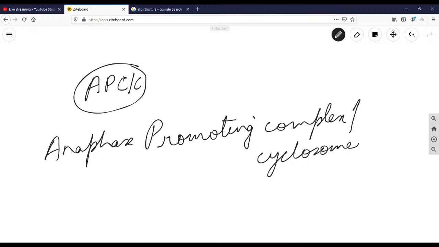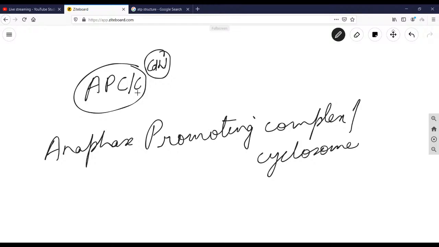Now, this protein can degrade the S phase cyclins, but it cannot recognize the S phase cyclins on its own. In order to recognize the S phase cyclin and inhibit the S phase itself, meaning inhibit the replication of DNA and block the cell cycle in the S phase, it needs to attach itself to another protein known as CDH1.